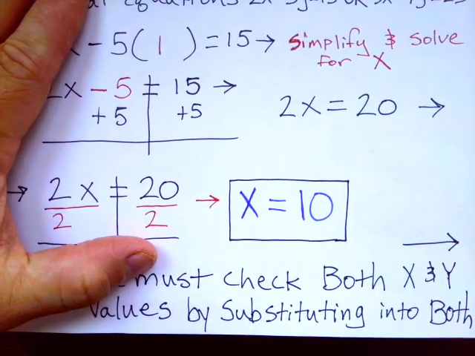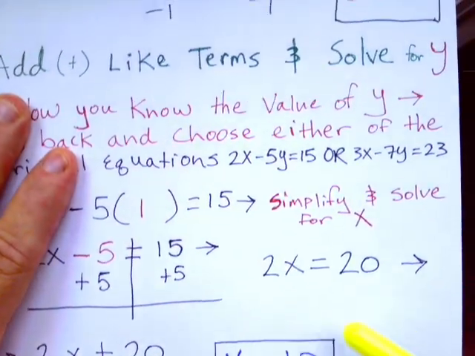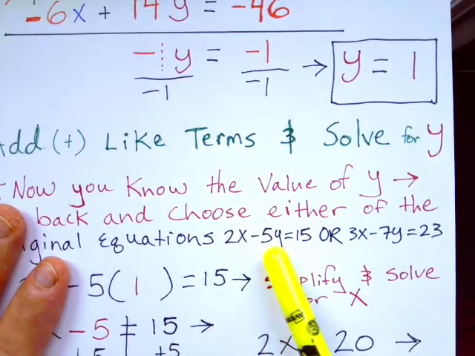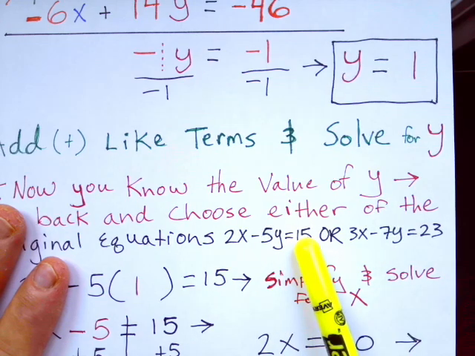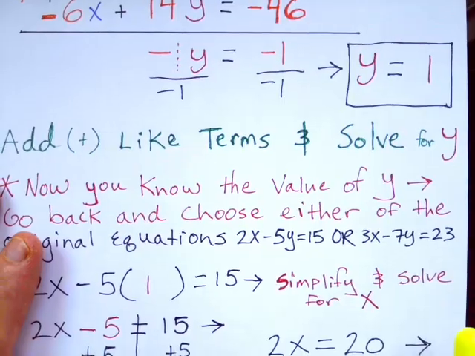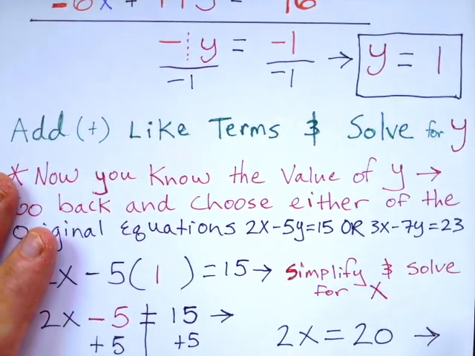So a little bit later on in my alternative videos in this series, I will substitute 10 for x and 1 for y into both equations. And if one side equals the other side, I have the correct answers. I can choose those answers as my final answer.